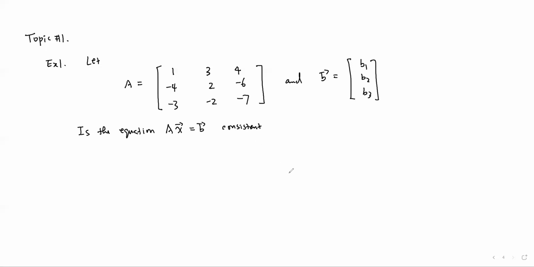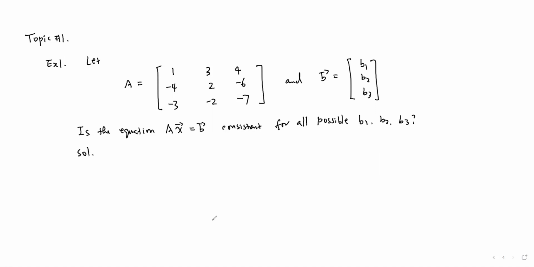Consistent means the equation has at least one solution. For all possible B1, B2, B3. I want to answer this question.